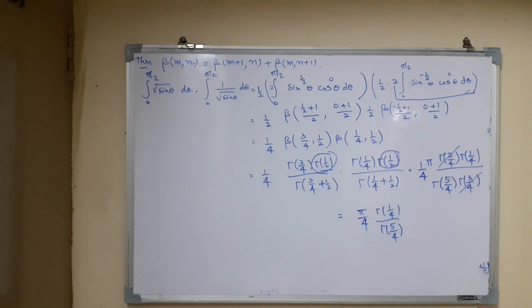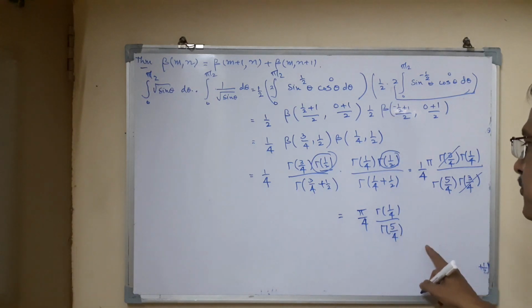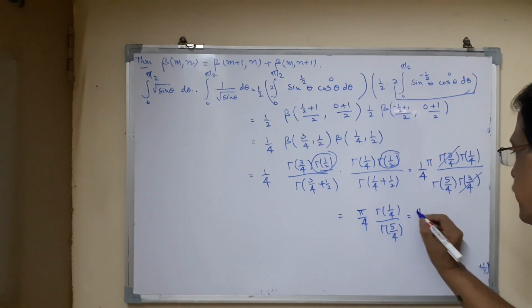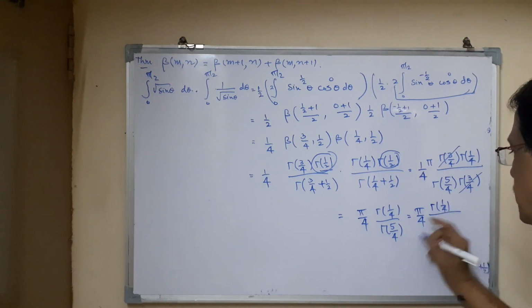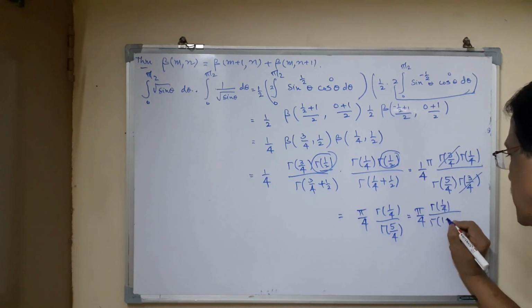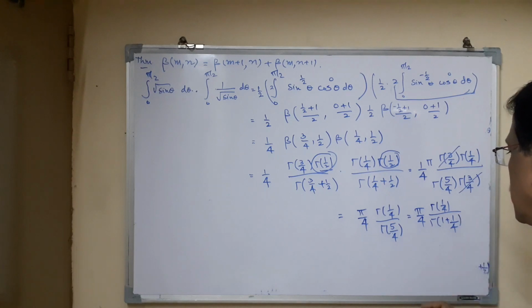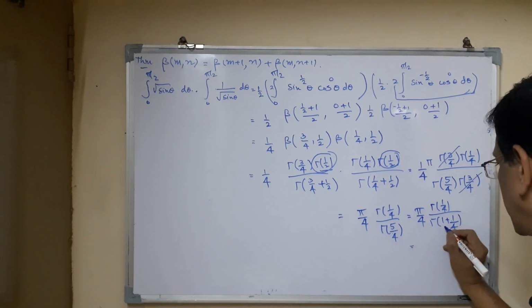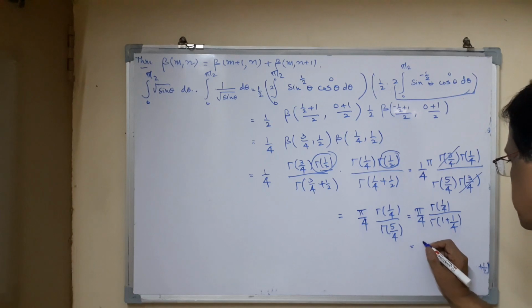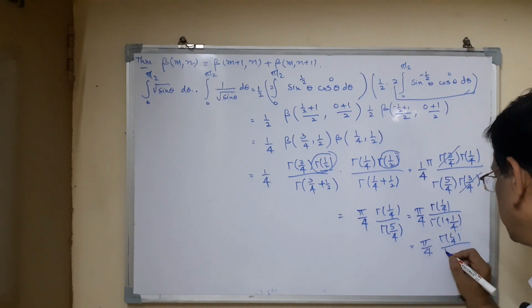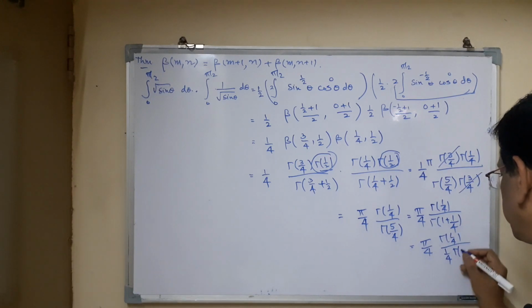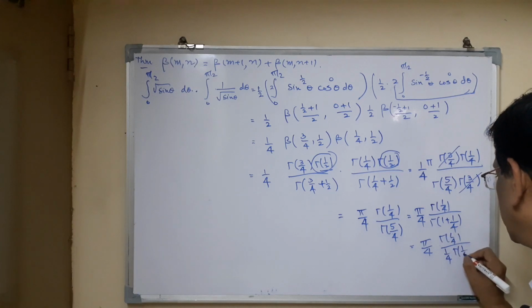If you want, you can go further: 5 by 4 can be written as 1 plus 1 by 4. So this is pi by 4, gamma of 1 by 4, and gamma of 5 by 4 is gamma of 1 plus 1 by 4. Using gamma of n plus 1 equals n gamma n, this is 1/4 gamma 1/4.